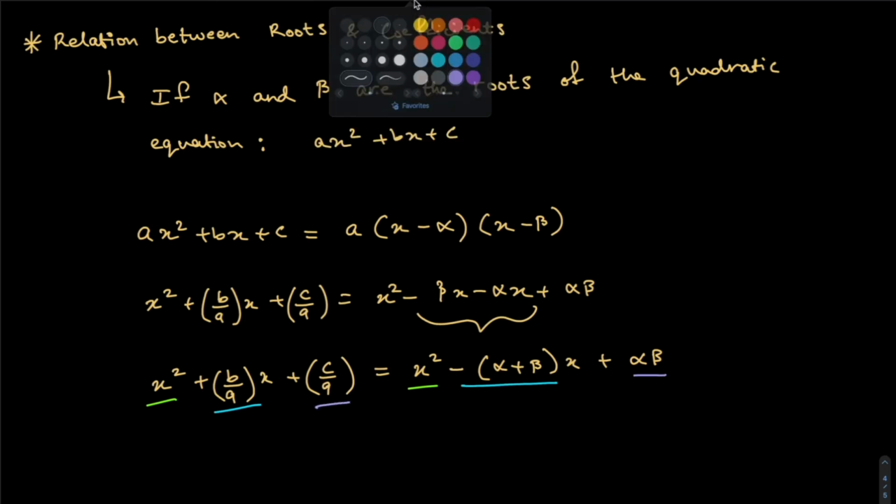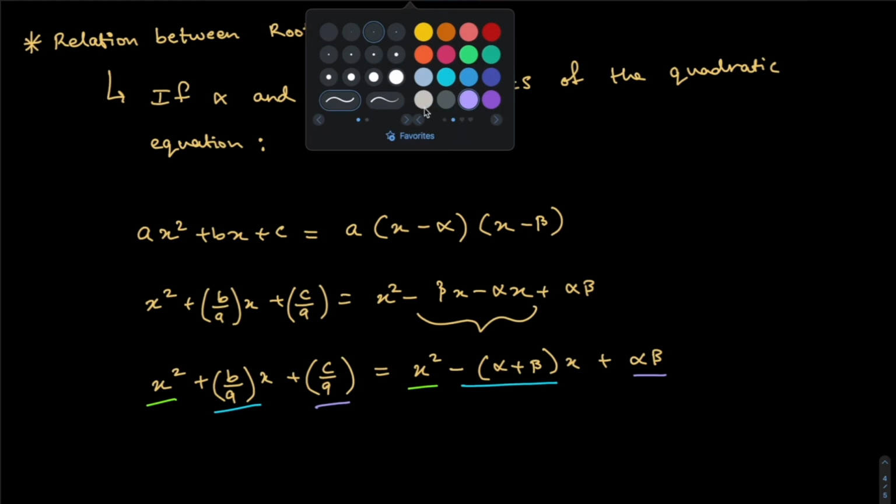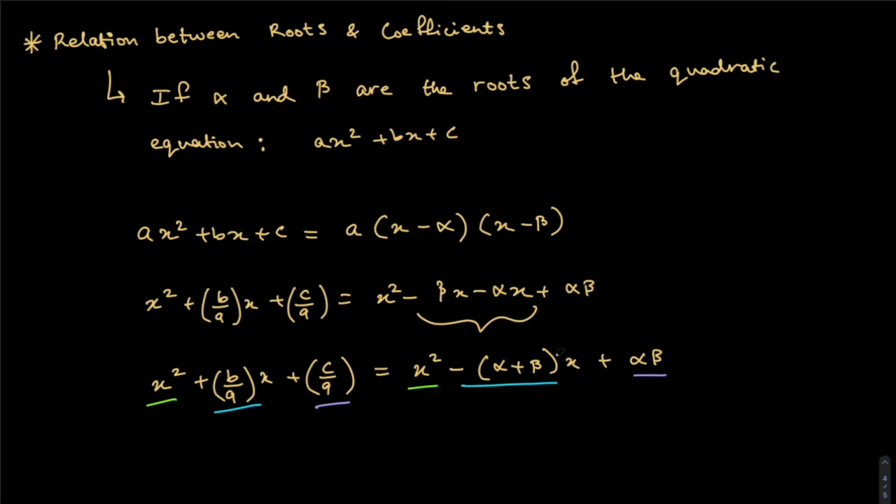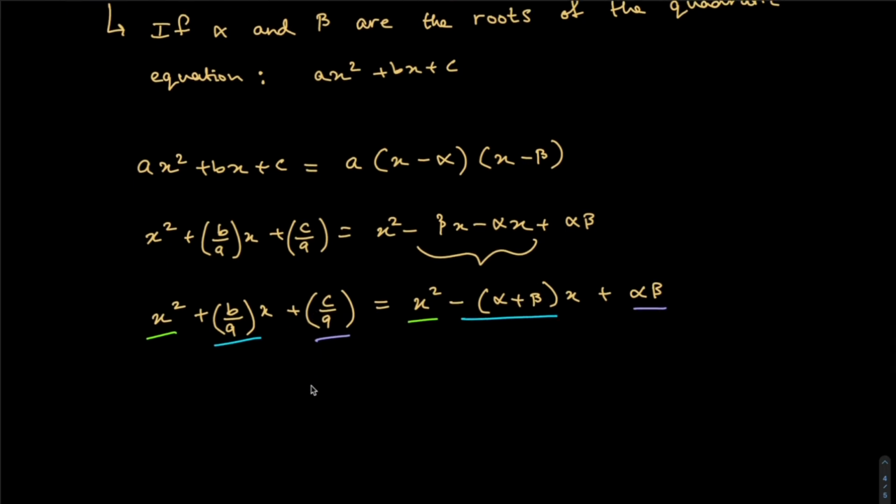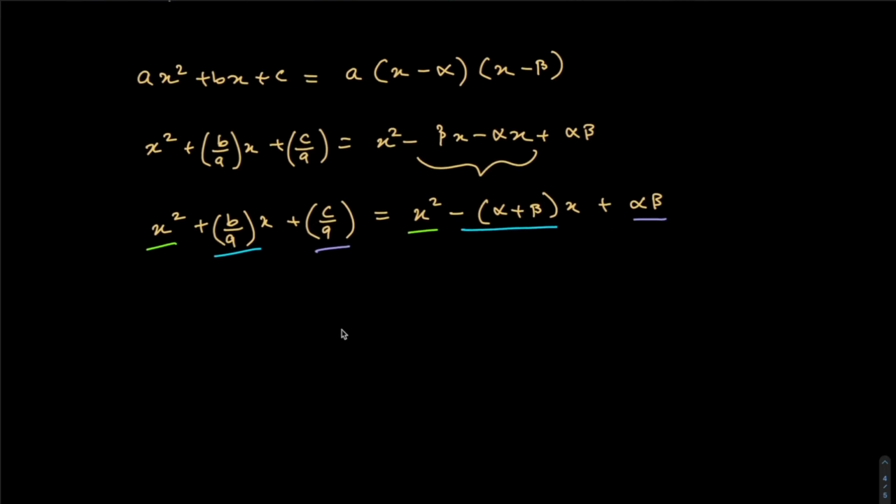So now what I can say is I've developed some sort of a relationship between the roots and the constants that exist. What I can basically say is that alpha plus beta, the sum of my roots, is equal to minus b by a.